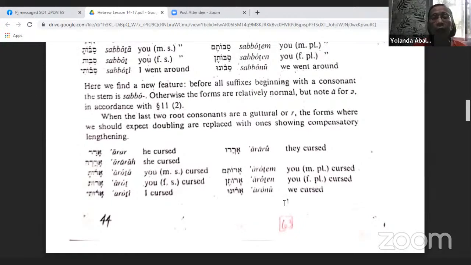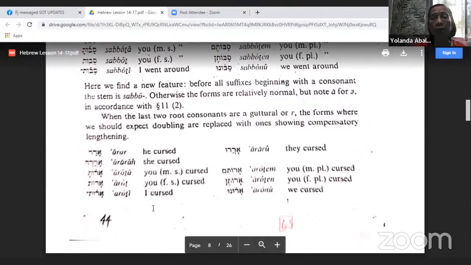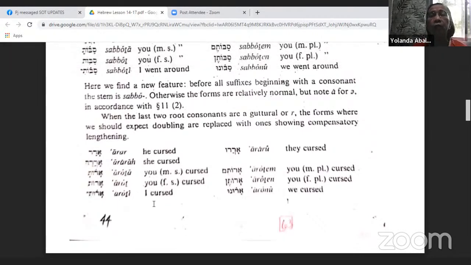Remember what God said to Abraham: whoever cursed you, I will curse; whoever blessed you, I will bless. So what is the curse in your understanding here?